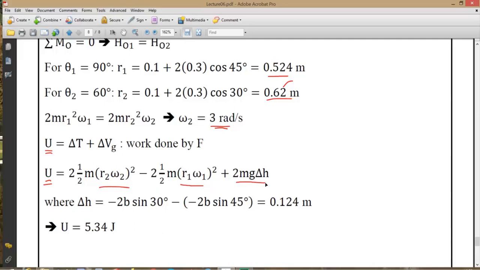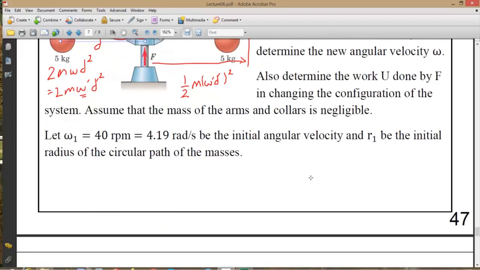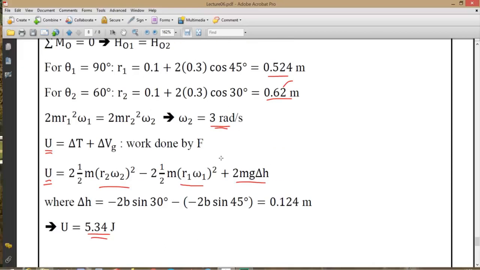And why does the potential energy change? Because these particles move up as this theta is moved from 90 degrees to 60 degrees as a result of this F force. And we find out the work done by this F force is about 5 joules for this action.